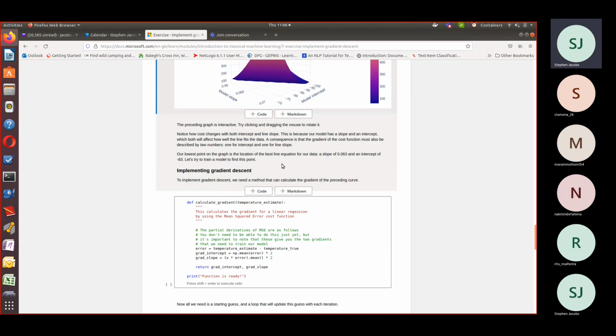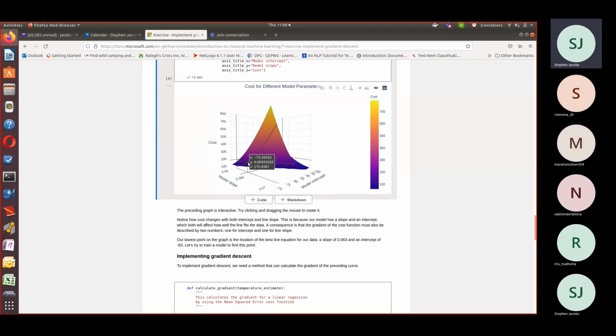And we can implement the gradient descent now. To implement the gradient descent, we need a method that can calculate the gradient of the preceding curve. So we need to find something that can find the gradient of that. It is dependent upon two variables for the cost.